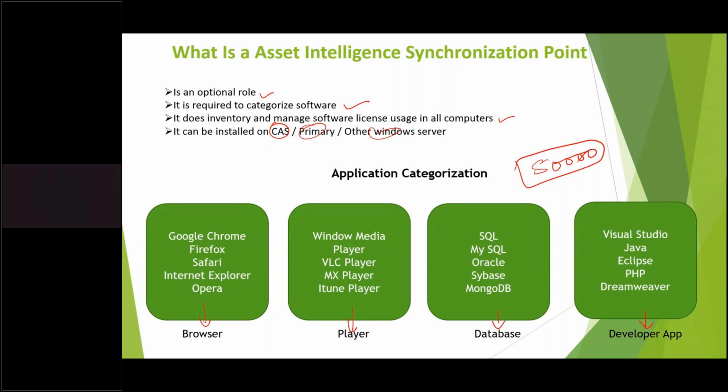Now 50,000 application information is there in the SCCM database. Who will categorize? SCCM will categorize the applications like this. That is an optional role in SCCM, and it is deprecated.